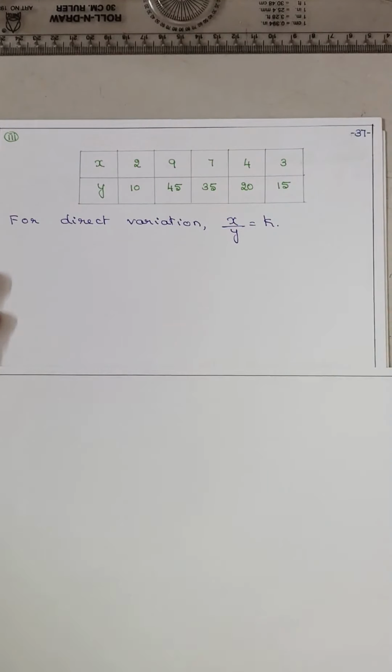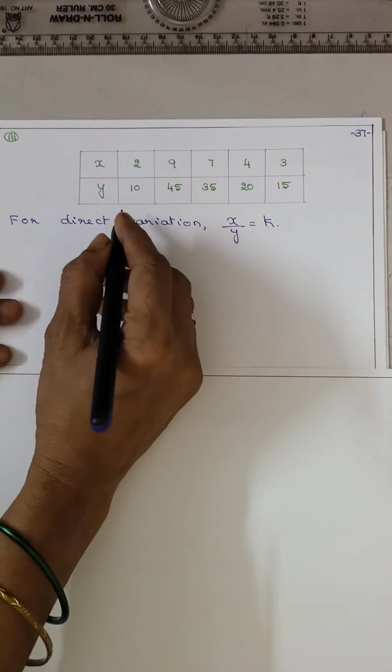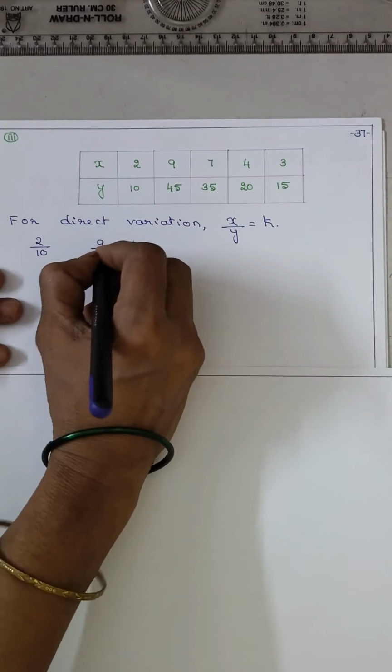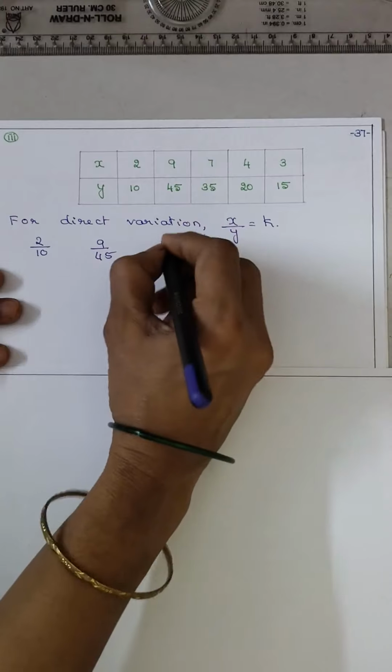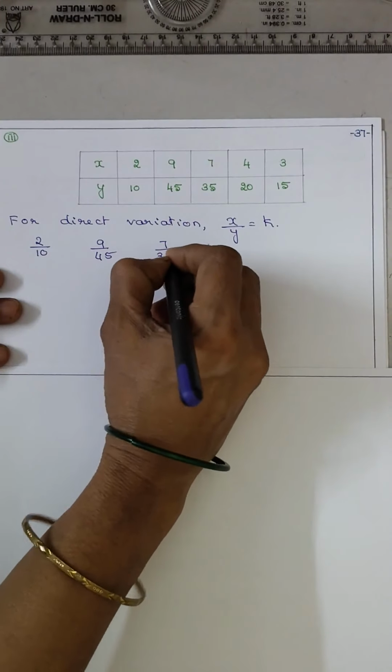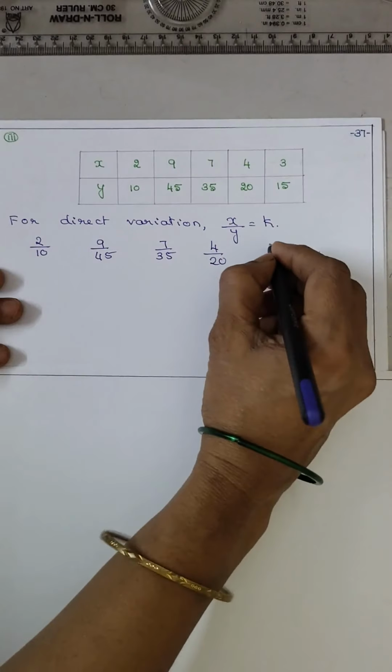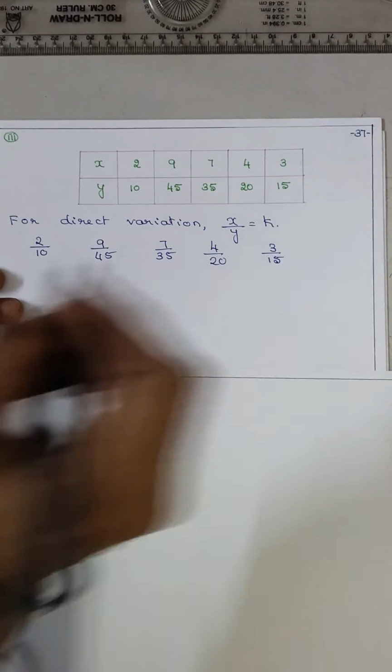So by now you are confident with the formulas, isn't it? So 2 by 10, now 9 by 45, 7 by 35, 4 by 20, 3 by 15.